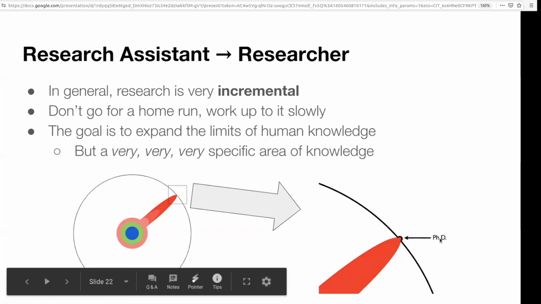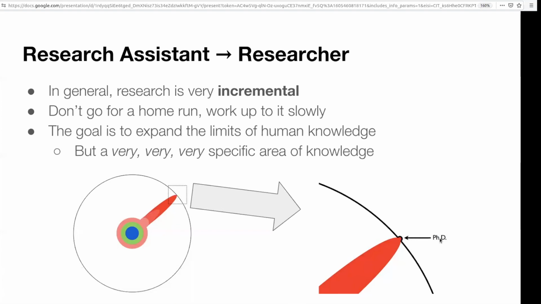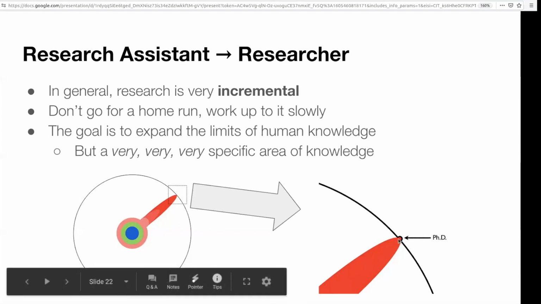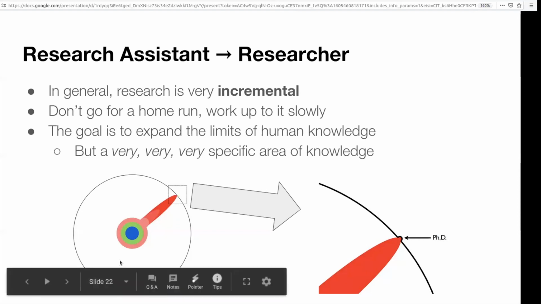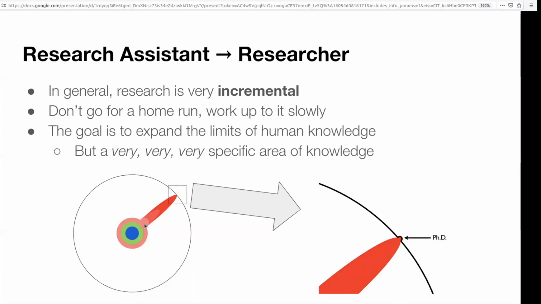And this here is the PhD. But it's also, as you're a researcher and not just assisting someone, this is what I would say is doing research. And this kind of diagram explains research best, in my opinion. Because it really shows that you're learning all this general stuff in the beginning. And then when you get to PhD, you just drill to the core and then even past the core of your research.